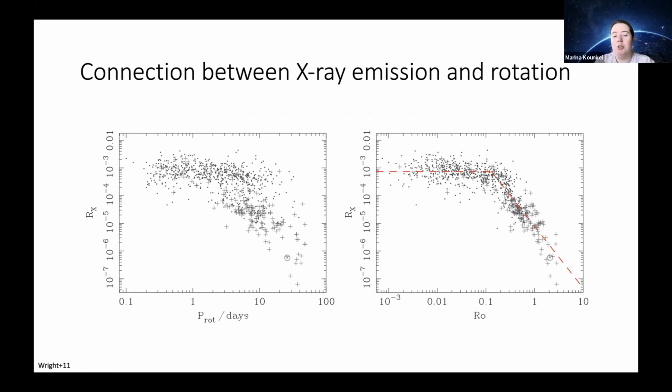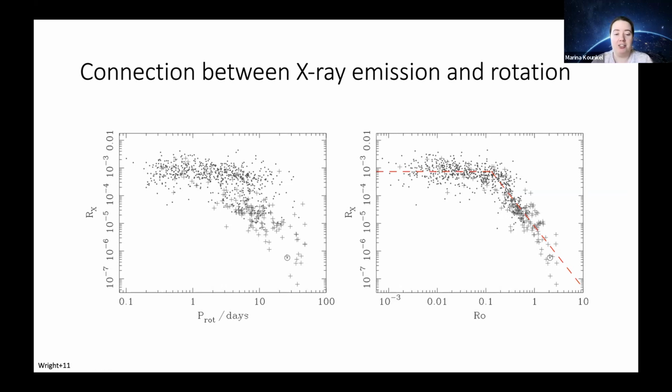It is possible to compare the X-ray activity to the rotation directly. There is this interesting knee: at very fast rotations, this is the rotational period, this is the Rossby number. At very fast rotations, the X-ray activity tends to flatten out because the magnetic fields of these stars are saturated.